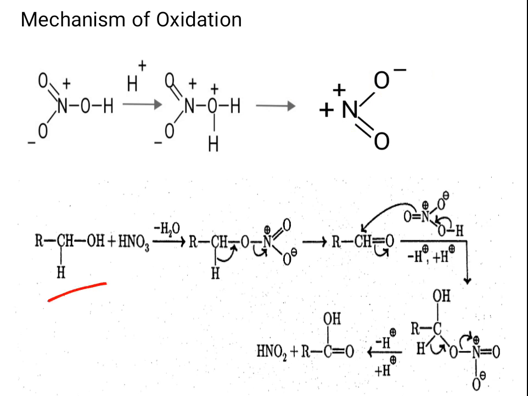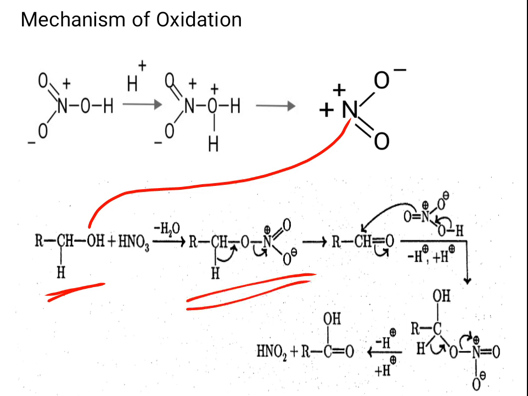And now if you have this alcohol, this oxygen can attack this nitrogen. So you will get this moiety. And after that, after the elimination of HNO2, this hydrogen will take up this whole group. And after the elimination of this HNO2 or HNO3, you will get the aldehyde.